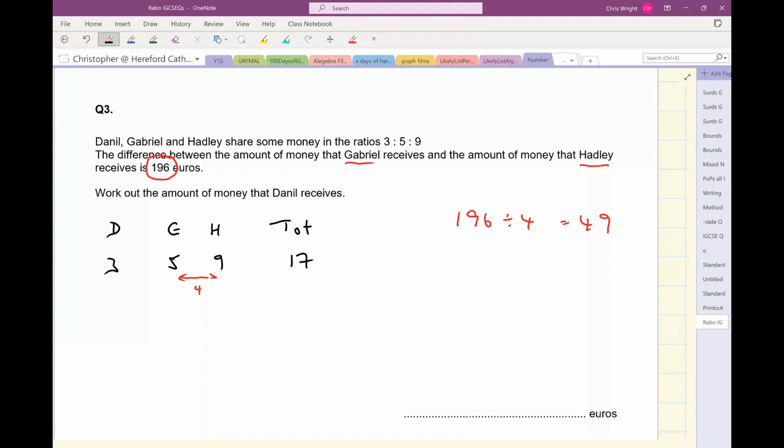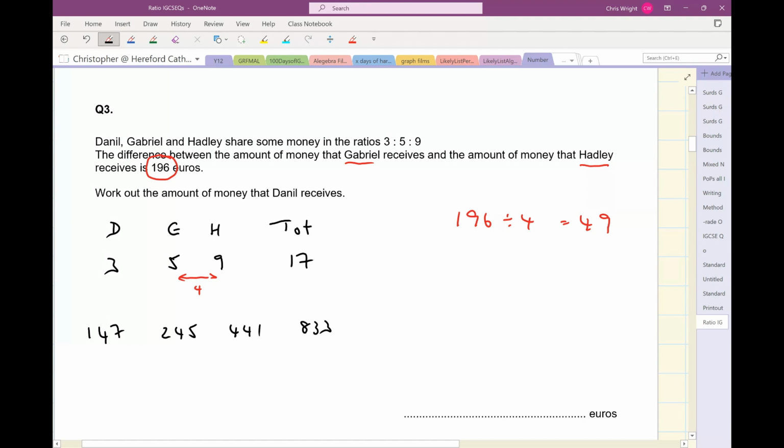So I'm going to do 3 times 49, gives me 147 for D, 5 times 49, 245 for G, 9 times 49, 441 for H, and in total 17 times 49, 833.